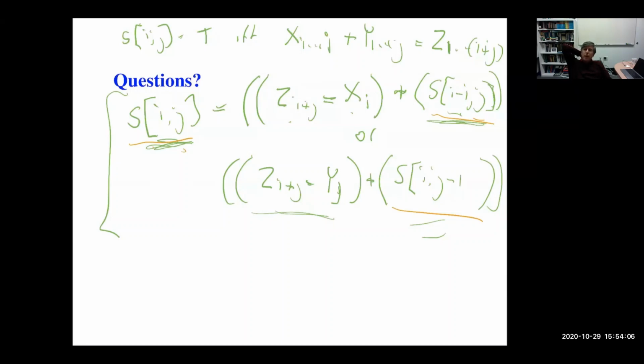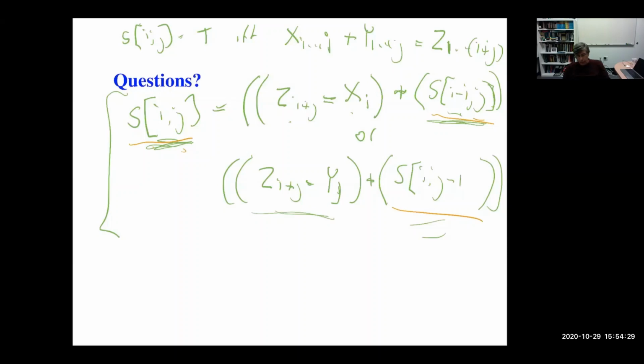Some people are complaining, give me a basis case. Okay, can anyone give me a basis case? I do need a basis case for my recurrence. A basis case for a recurrence is something so simple that I know that it has to be right. What do I know the answer of?